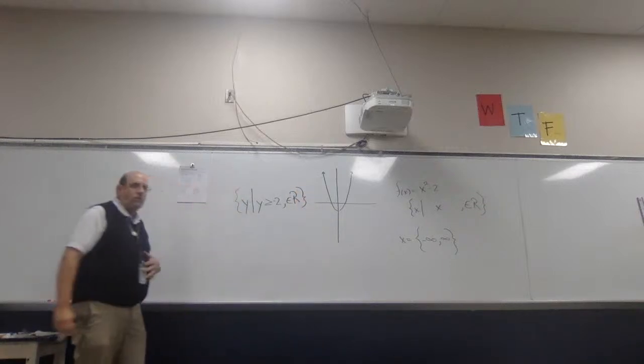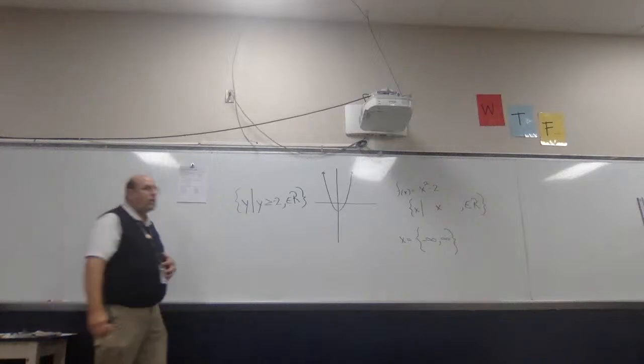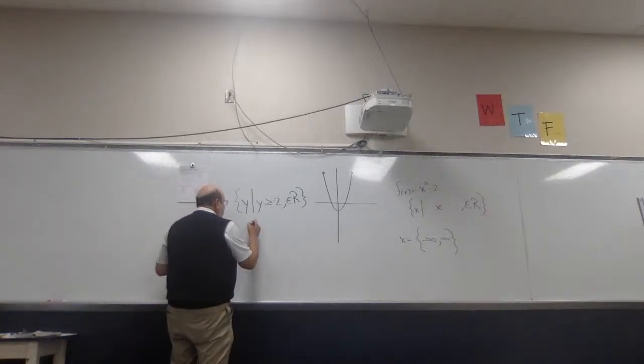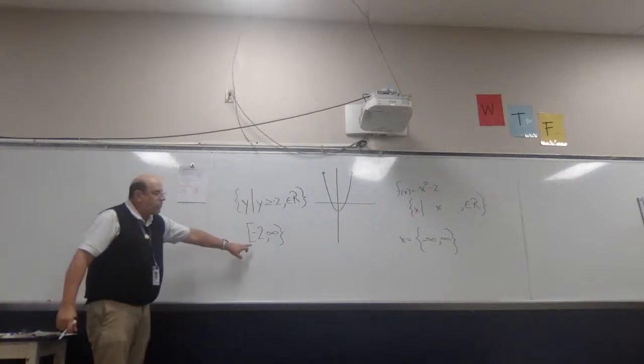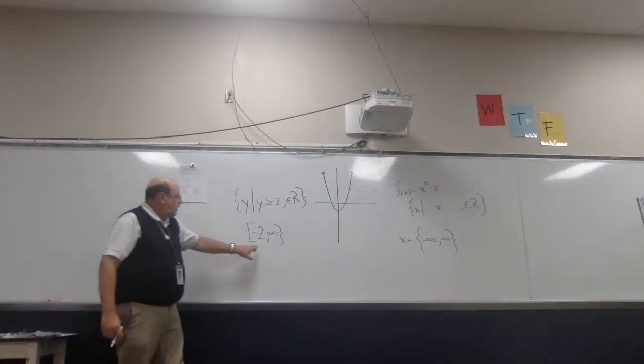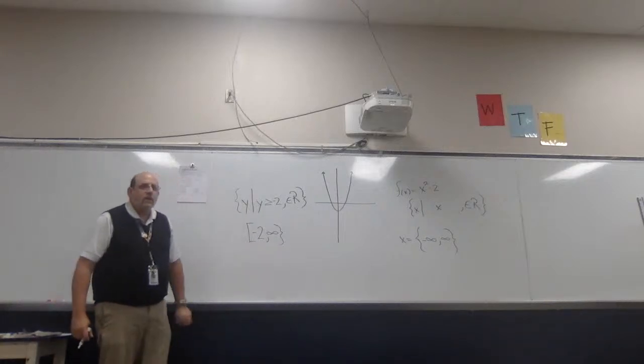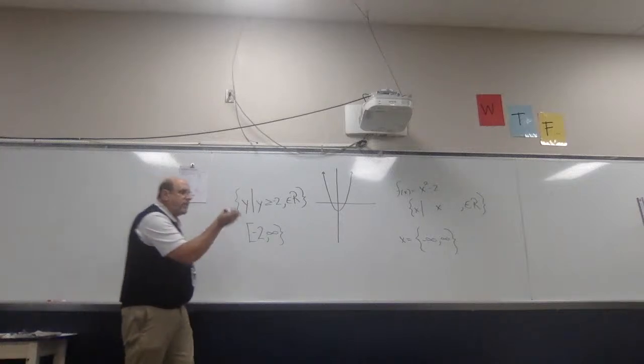Or we could say it's -2 to infinity. When we bracket it, we can never bracket infinity because it doesn't have a definitive value.